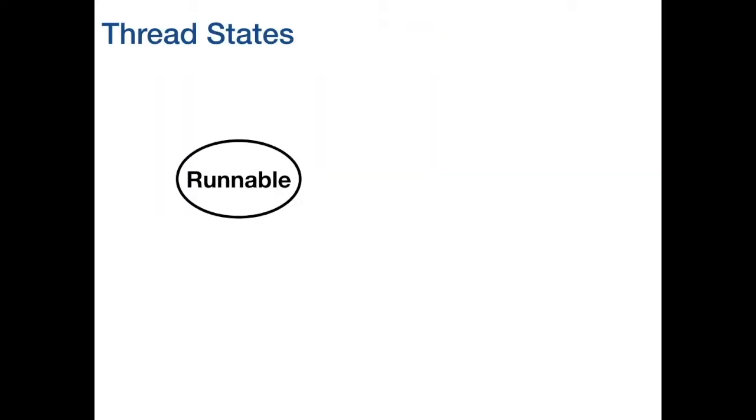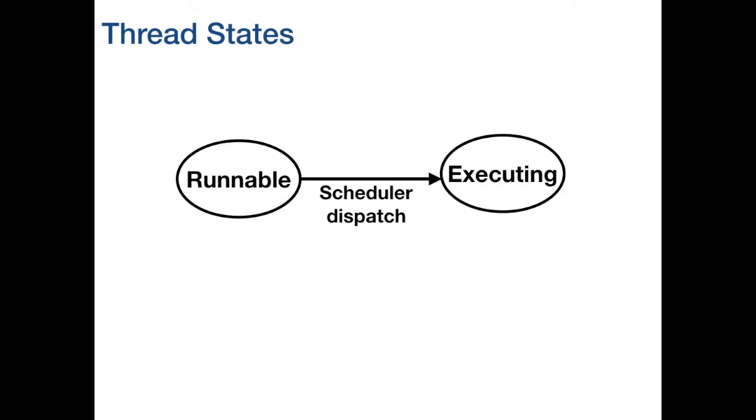Let us see the thread states. When a process is created, the main thread is put into the ready queue. It is in the runnable state. Once the CPU is available, the thread starts to execute, and each thread is given a time slice. If that time slice expires, then the thread gets preempted and placed back onto the ready queue.